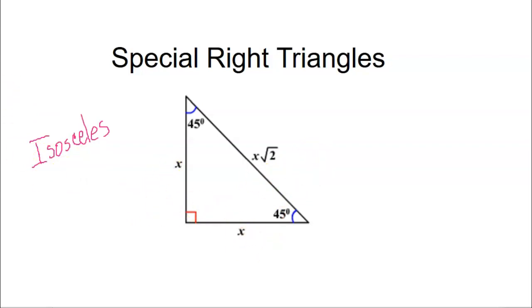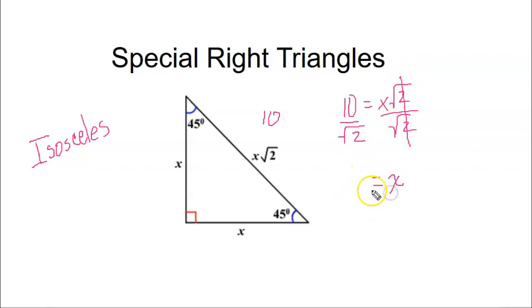Now, it is a little more interesting if we happen to know the hypotenuse, like we do in these problems. In this problem, we know that the hypotenuse is the radius, and so it's 10. That first circle had a radius of 10. And so if 10 is equal to x times the square root of 2, and we want to know what these two sides are so we can write the coordinates of the point, I am going to have to actually divide both sides by the square root of 2.